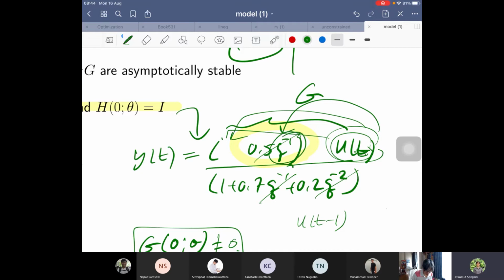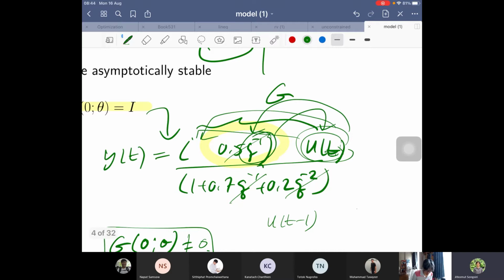Because q inverse here operates on u_t, it gives u_{t-1}. And that means u_{t-1} will have an effect on y_t, only u_{t-1}, not the present u_t.